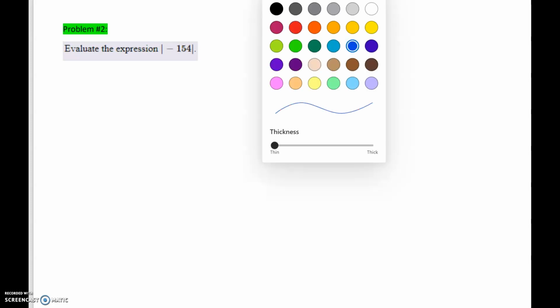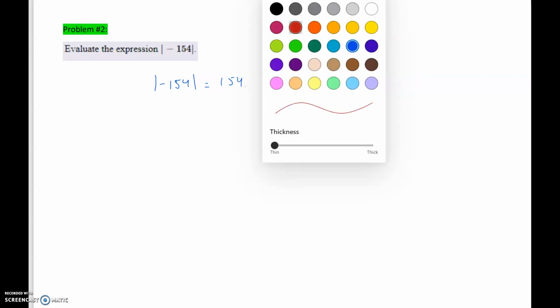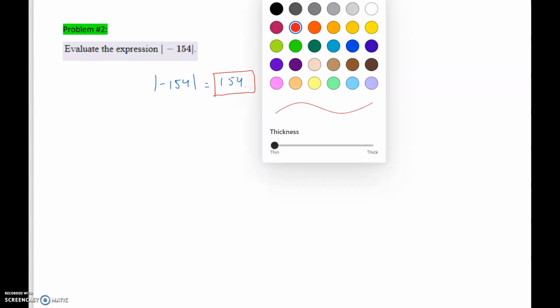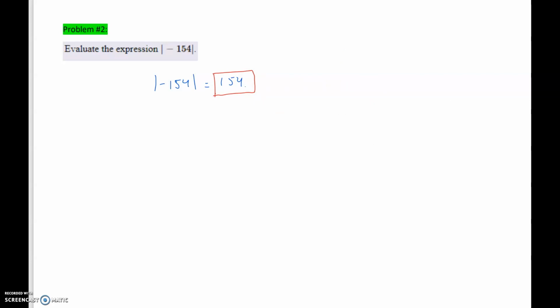And remember that the absolute value of any number is the distance away from 0. So in this case, the absolute value of negative 154 is equal to 154, since technically it's talking about a distance and they're looking at the negative numbers. Let me just draw it to make sure this is clear.